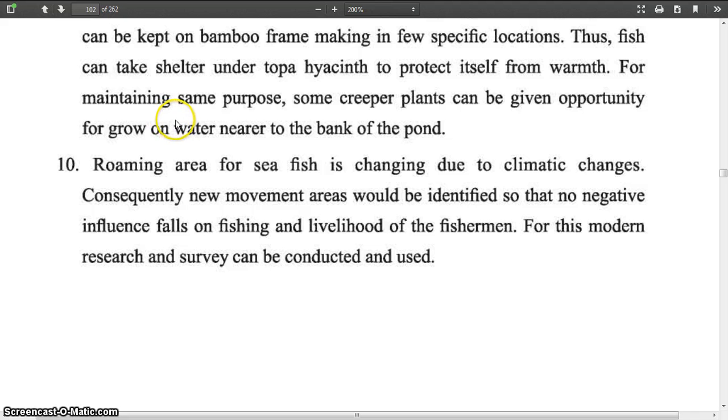Consequently, new movement areas would be identified so that no negative influence falls on fishing and livelihood of the fishermen. For this, modern research and survey can be conducted and used.